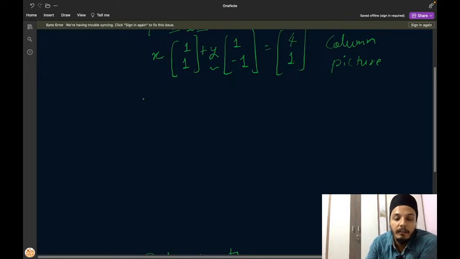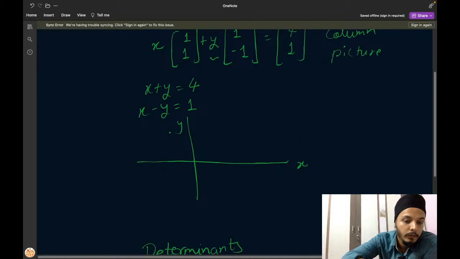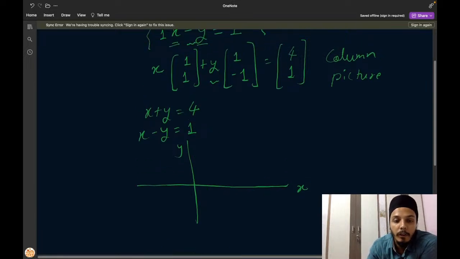Now how can we represent our row picture and column picture? Let us take the equations x plus y equals 4 and x minus y equals 1. To represent this, we can take an xy plane. Now we can plot these two lines, x plus y equals 4 and x minus y equals 1. Our line x plus y equals 4 will go something like this.